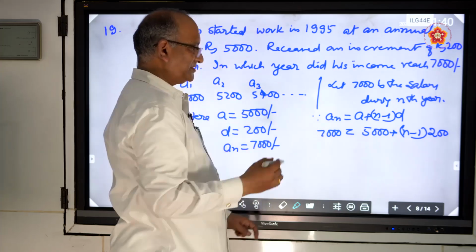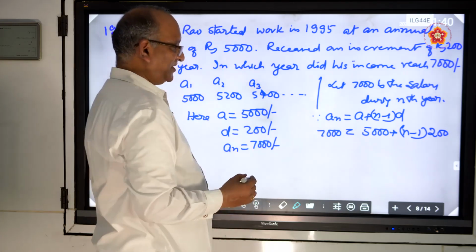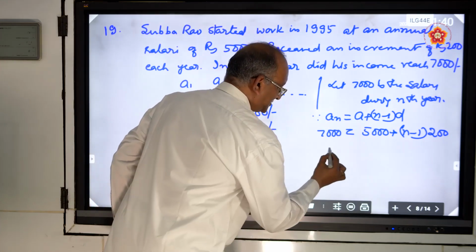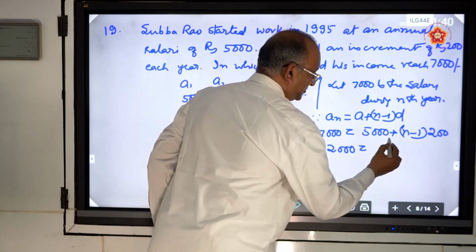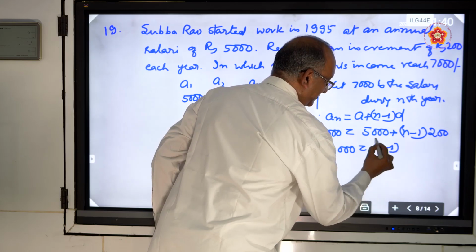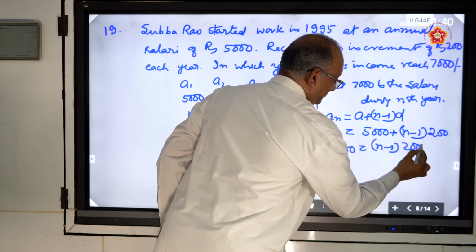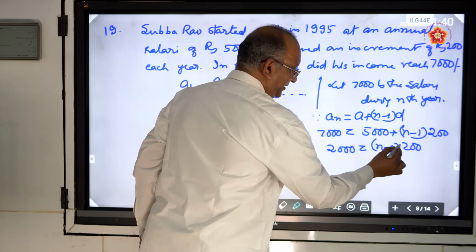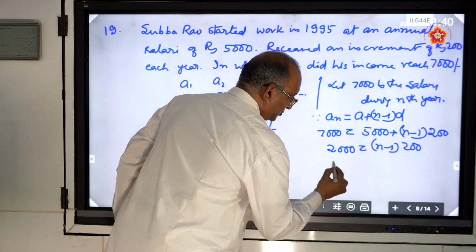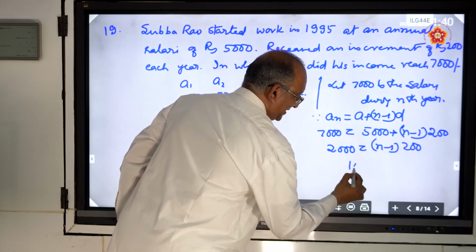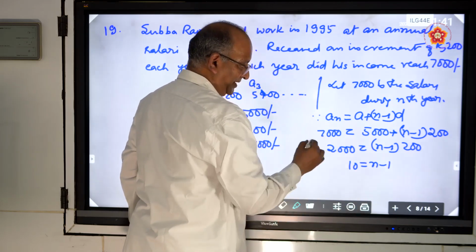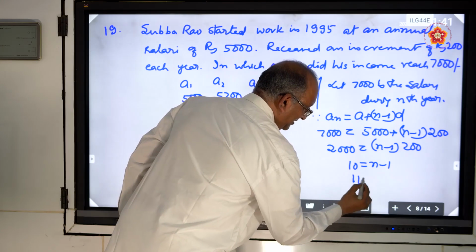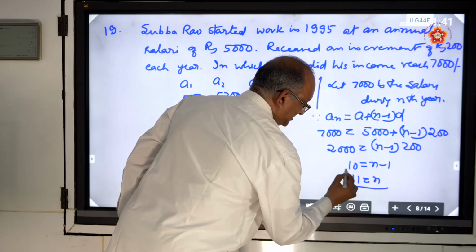Get 5,000 to this side. 7,000 minus 5,000 will become 2,000 equal to n minus 1 into 200. If you get the 200 to the denominator, it will become 2,000 by 200, that is 10, equal to n minus 1. Get that minus 1 to this side, it will become 11. So this is the answer.